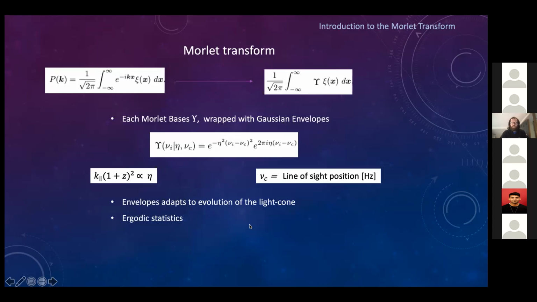The way we use this here is by relating the width of these Gaussian envelopes to the perpendicular K modes and how they evolve along the light cone. This proportionality symbol here will contain all of the cosmological constants that we're using. And we have one of these Morlet wavelets at each sensor position throughout the light cone.